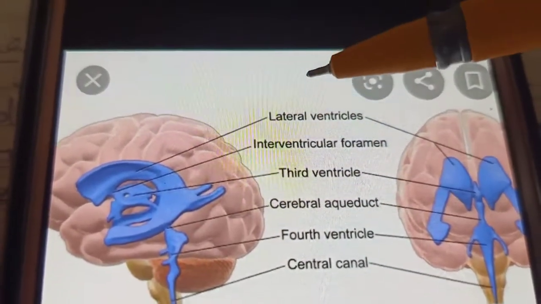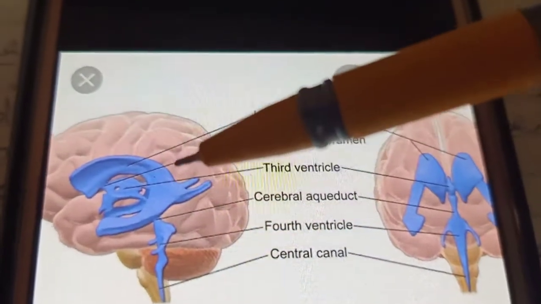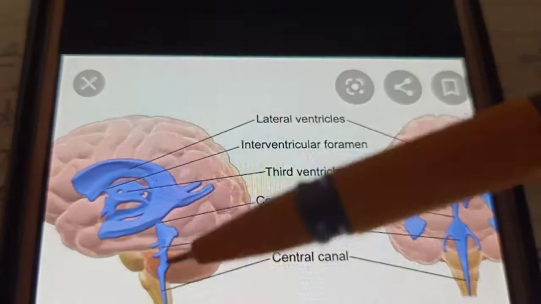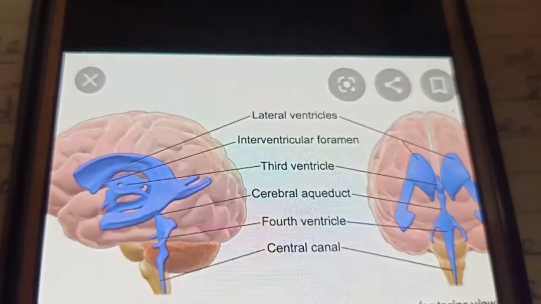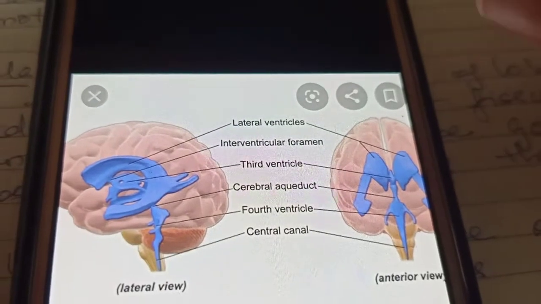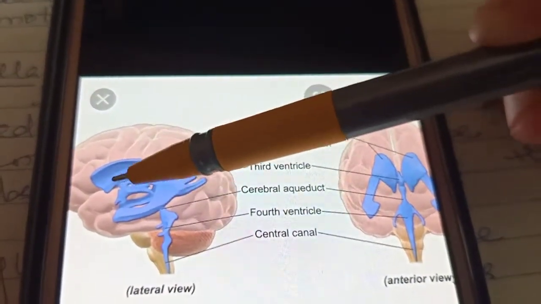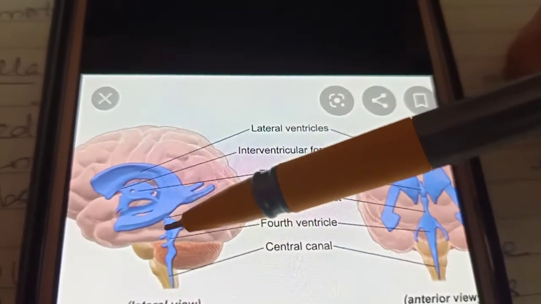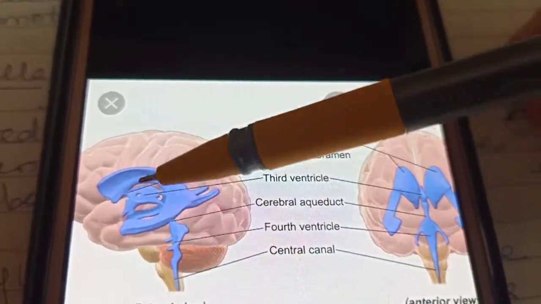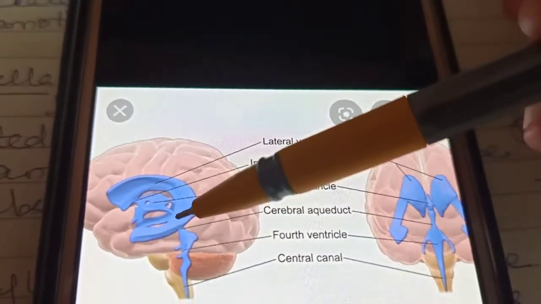Whenever there is obstruction to the flow of CSF in the ventricles, the foramina, which are openings, get obstructed, so it will not flow. There is obstruction here, there is obstruction here, so the fluid, that is the CSF, will build up in the ventricles.